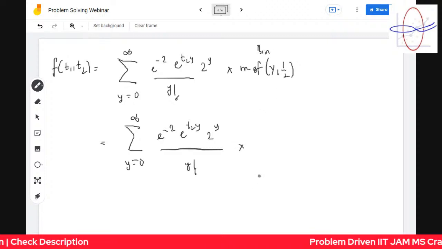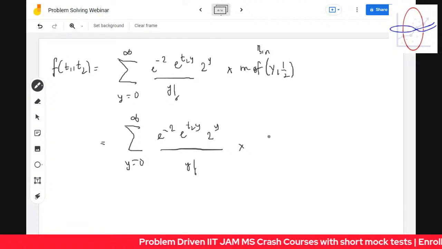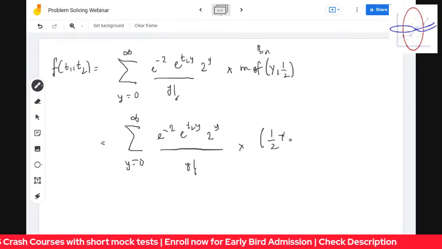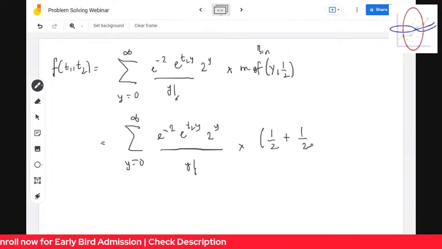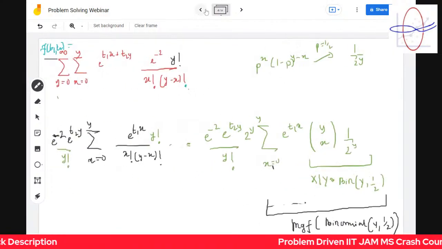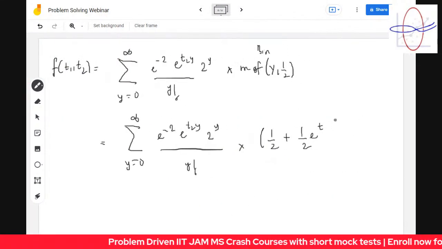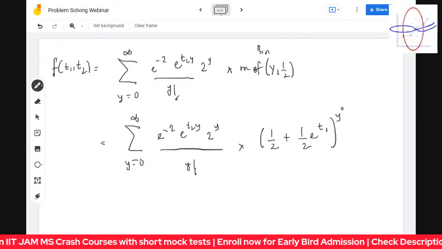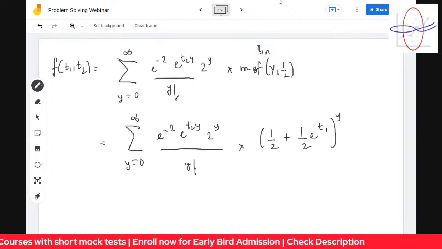The MGF of binomial is (p plus q e to the power t) whole to the power n. So p is half, q is half, e to the power t. Here it's t1, I guess, not t2. Whole to the power y.